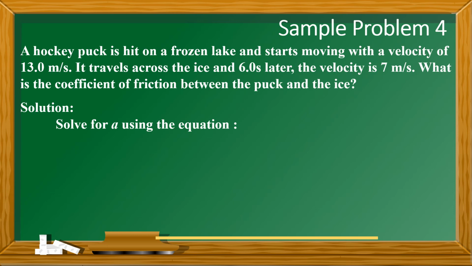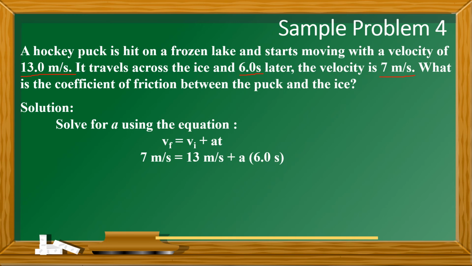To solve for acceleration, we're going to use the kinematic equation: final velocity is equal to initial velocity plus at. Substituting the givens into our equation, our final velocity is equal to 7 meters per second, our initial velocity is equal to 13 meters per second, and our time is equivalent to 6 seconds.